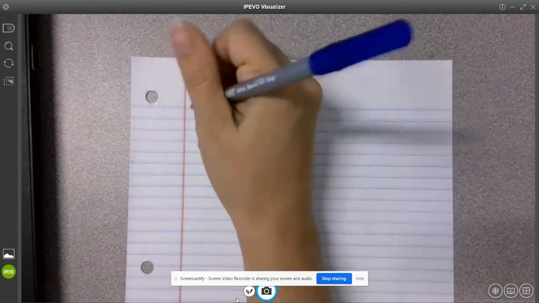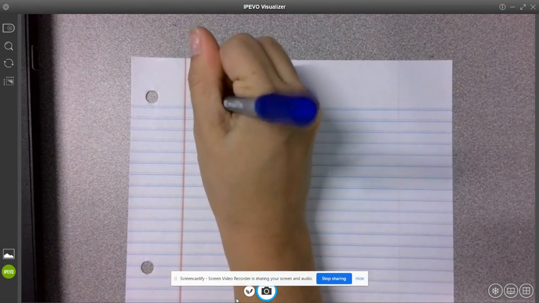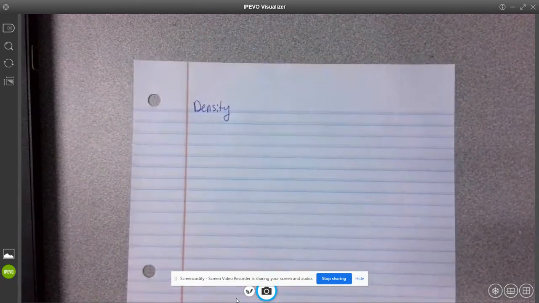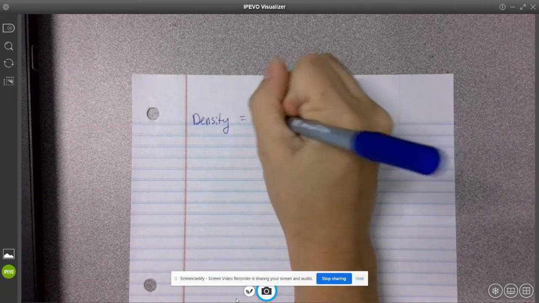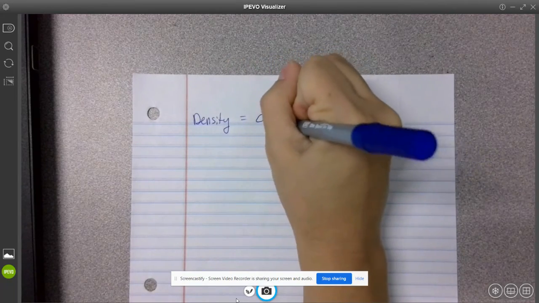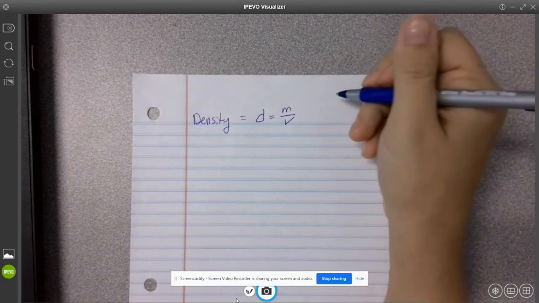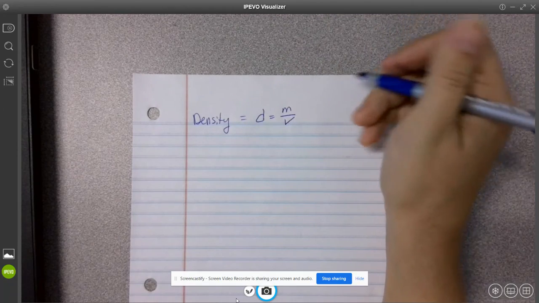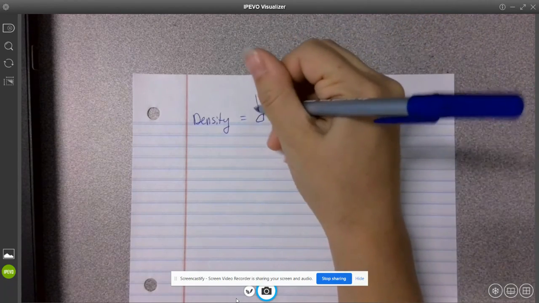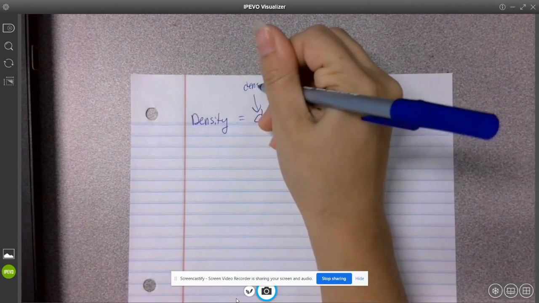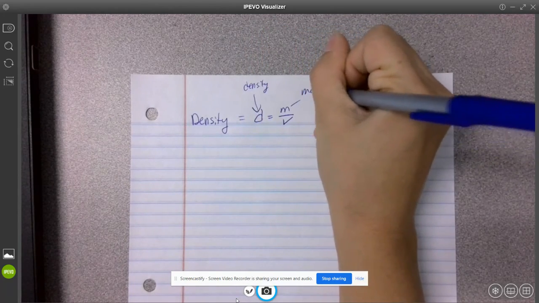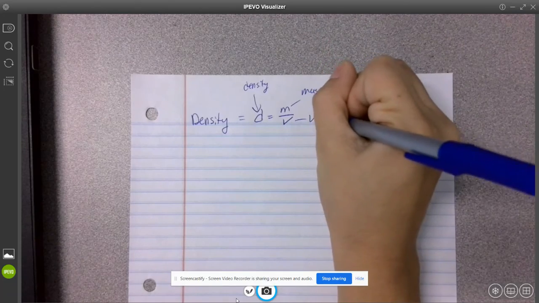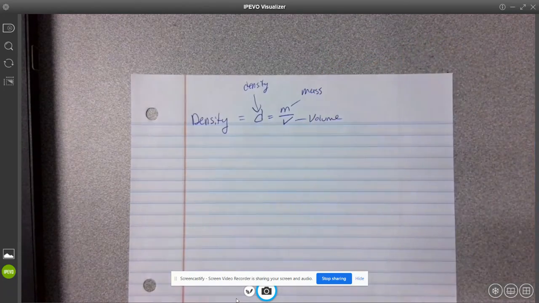So as we go on, we're going to start looking at density. Density is going to be defined by the equation density is equal to mass divided by volume. Density, mass, and volume.